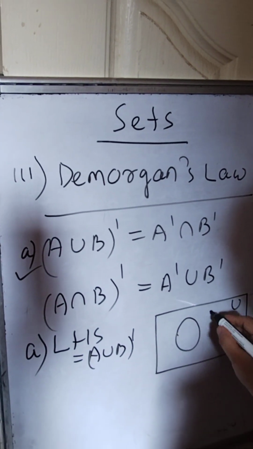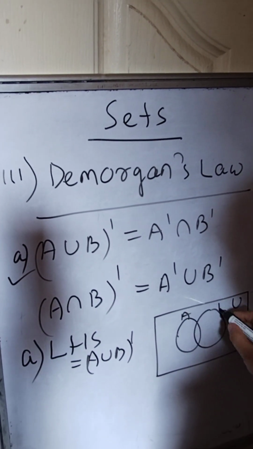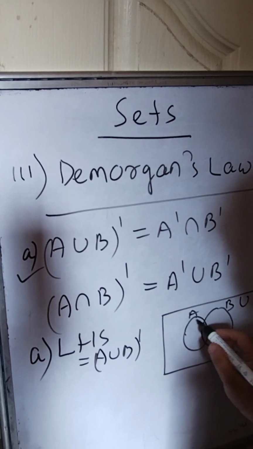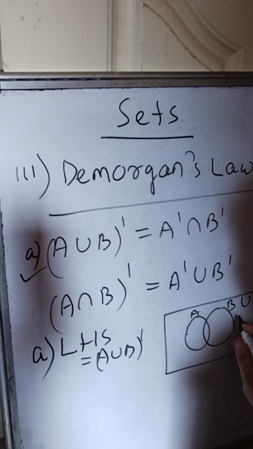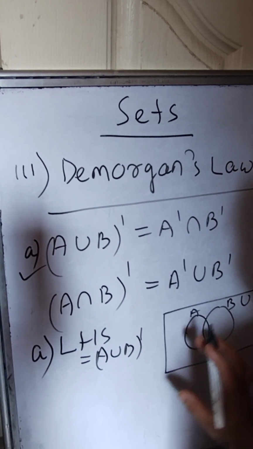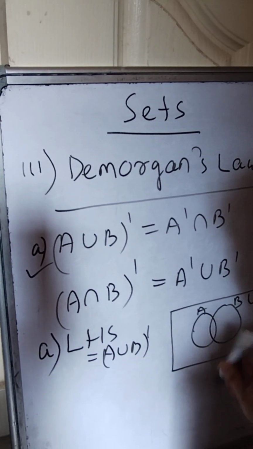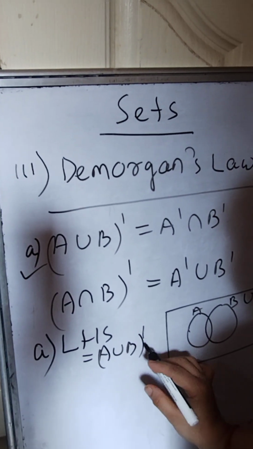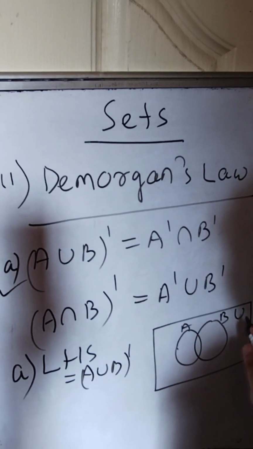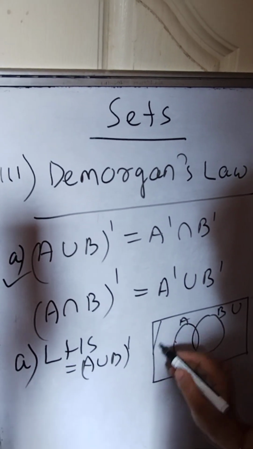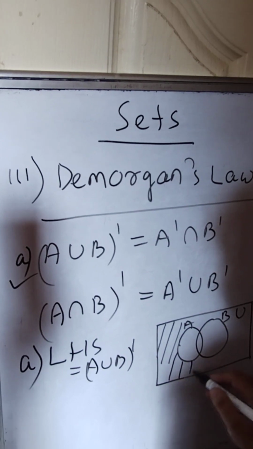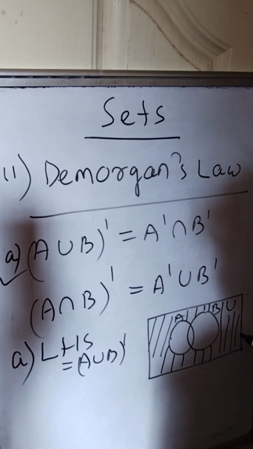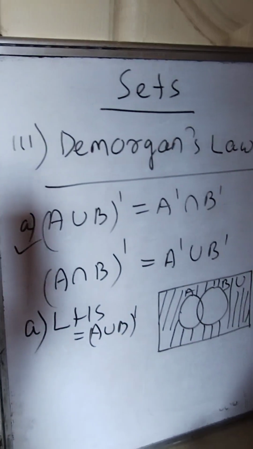A is a subset of U, B is a subset of U. You know A union B is the set of all the elements either in A or in B, or which are common to A and B. So this set is your A union B, but here we need A union B complement. So which elements are present in U but not in A union B? So let us shade the portion of A union B complement. So our shaded portion is A union B complement.